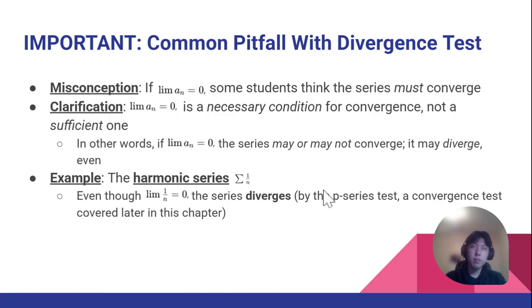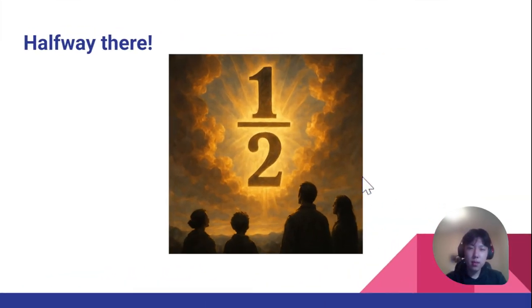The way you know that is by the p-series test, which will be covered later on. So keep this in mind. If the divergence test doesn't work on a series, you have to use another test. Don't say something like, by the divergence test the limit equals 0, therefore it converges. Don't say that.